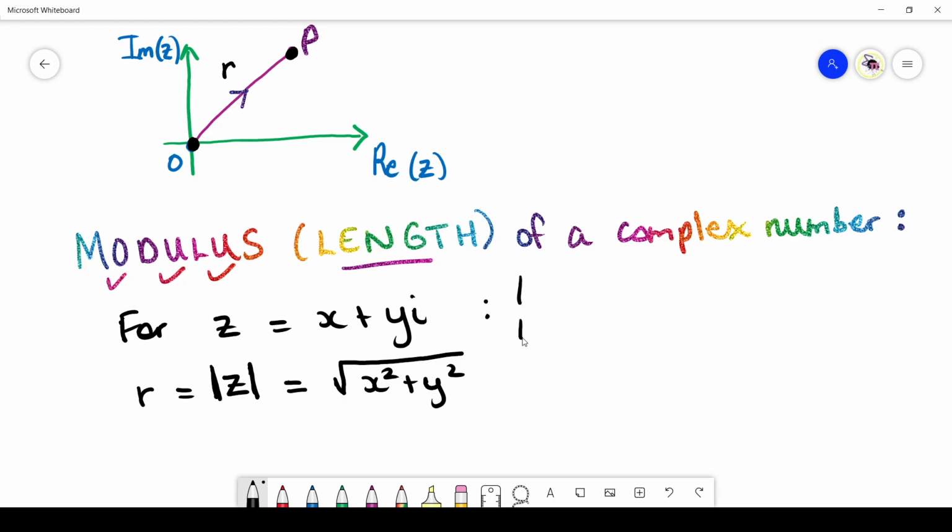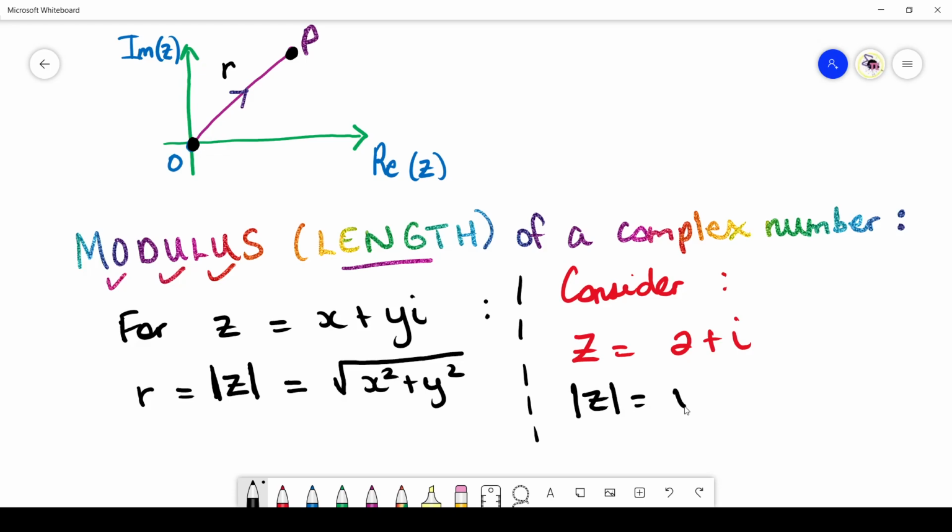Let me give you guys an example on screen of how we would apply the formula. Let's consider we had a complex number such that z is equal to 2 plus i. Then, using the formula, the length of that is simply equal to the square root of x squared plus y squared.